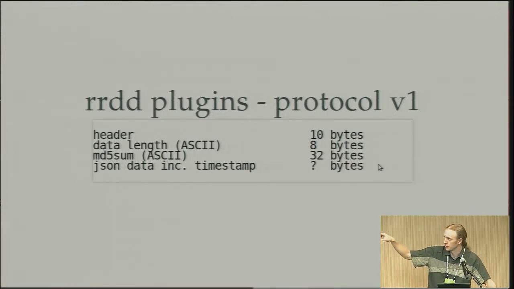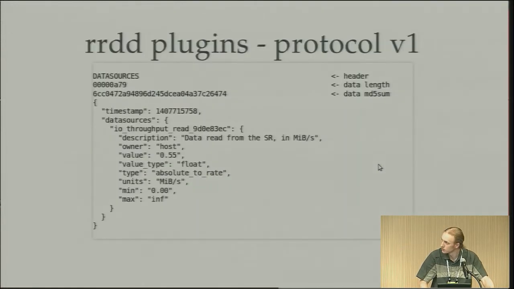This would be the length of that JSON and the MD5 sum of that JSON. So the actual layout would look a bit like this. Can you see that okay? So we've got header, data length, data MD5 sum, and then this big blob of JSON.